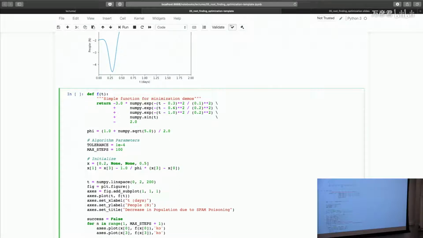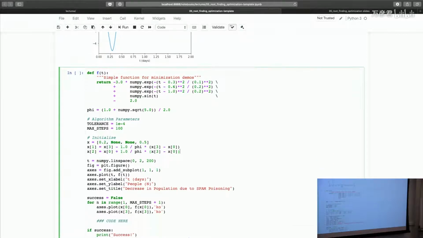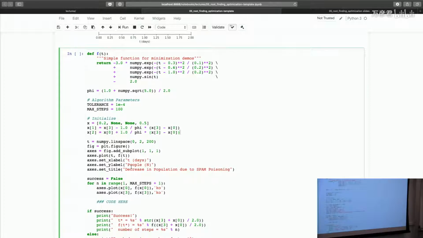There we go. And then we have x2, that other middle point, which is defined similarly. Like that.